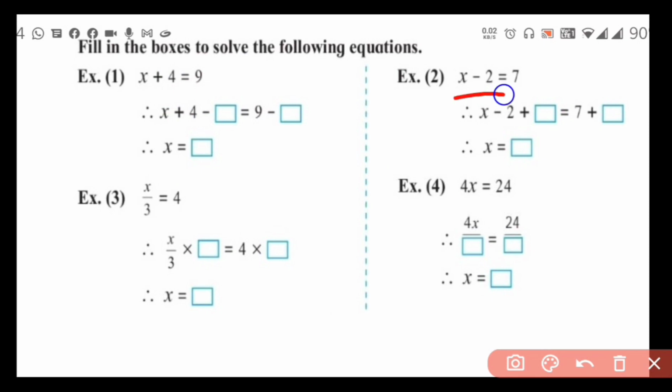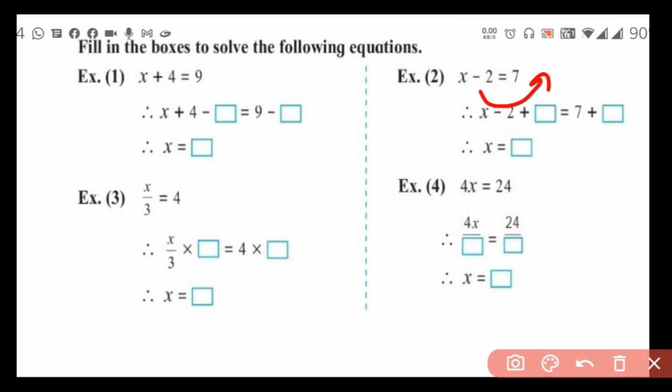X minus 2 is equal to 7. As we can see, 2 is on the left hand side. This 2 should be transferred from the left hand side to the right hand side. This 2 is minus, that means negative 2 is there. So when we want to transfer, we have to perform exactly the opposite operation of it.